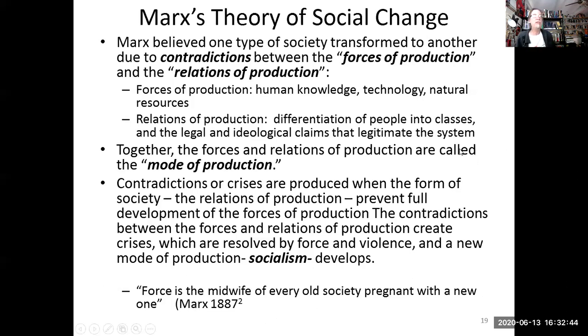The relations of production. Together, those two things you call a mode of production. I use the term social formation as something much broader than just simply these things. But these contradictions can develop. Basically, the forces of production are held back by the relations of production.